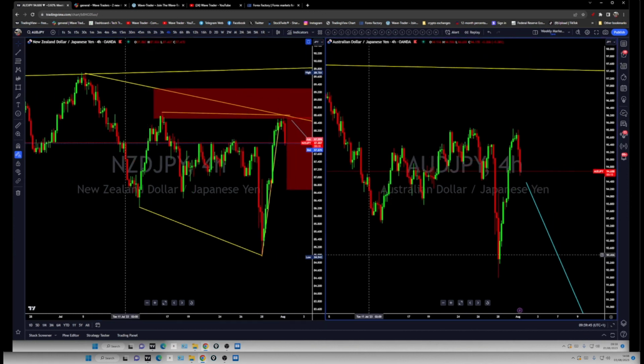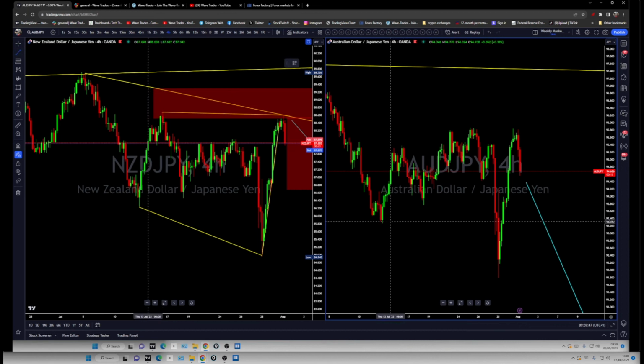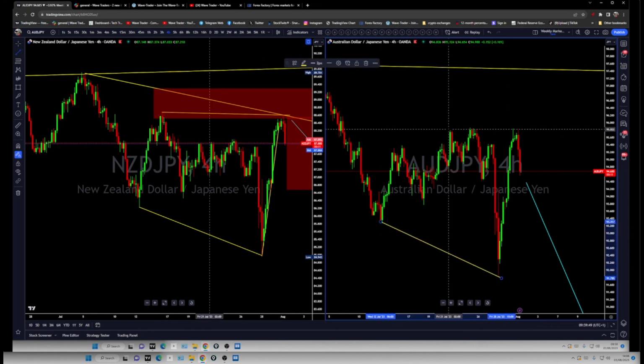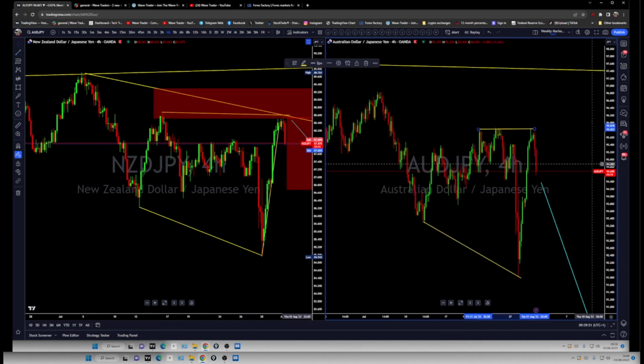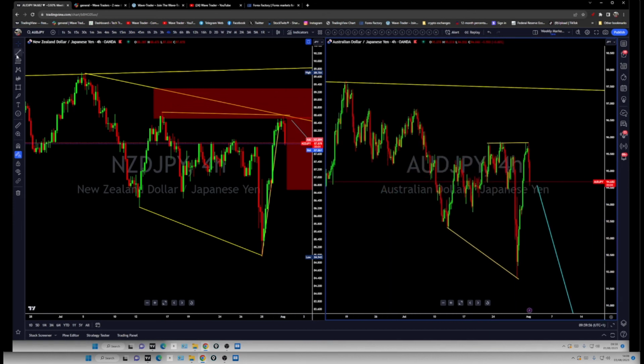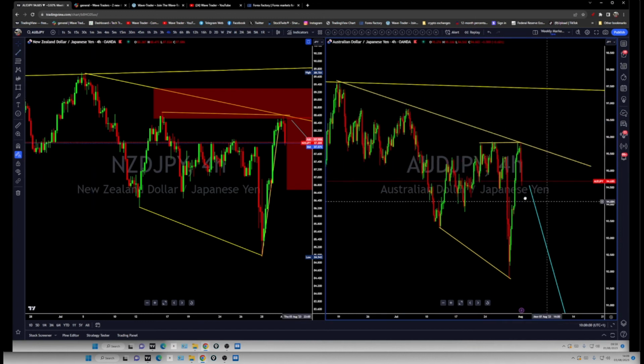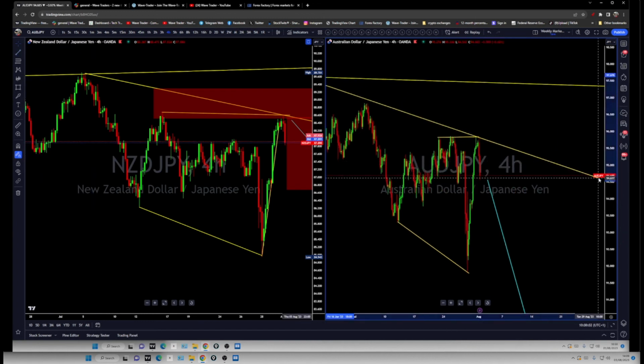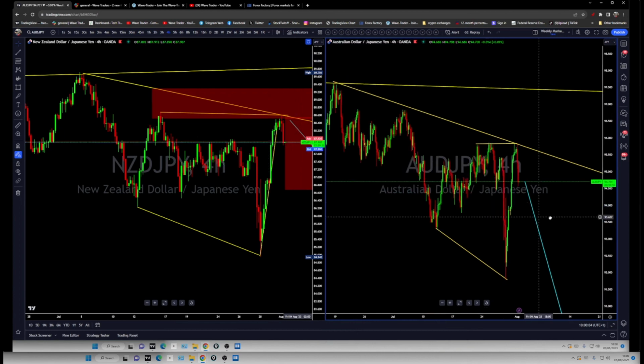We can say that as long as the Australian dollar is falling, you are chasing the New Zealand dollar in the same path, the same way the Australian dollar is going. We can clearly see that the Australian dollar dropped somewhat.